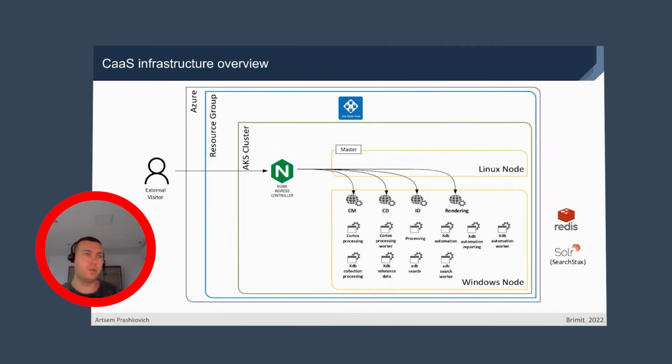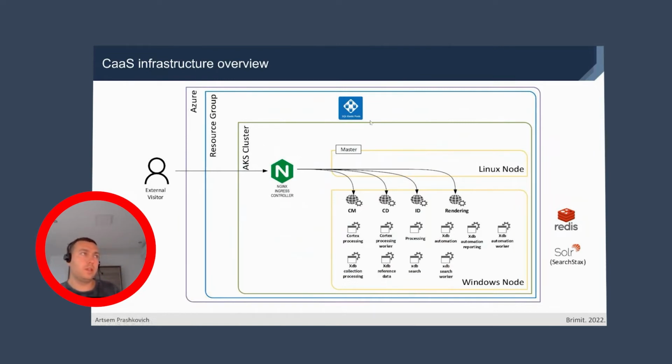So if, for example, we put in the browser a host name like cm.test.com, we for sure want to be redirected to the CM, and this ingress controller will play the role of routing us to the corresponding pods.